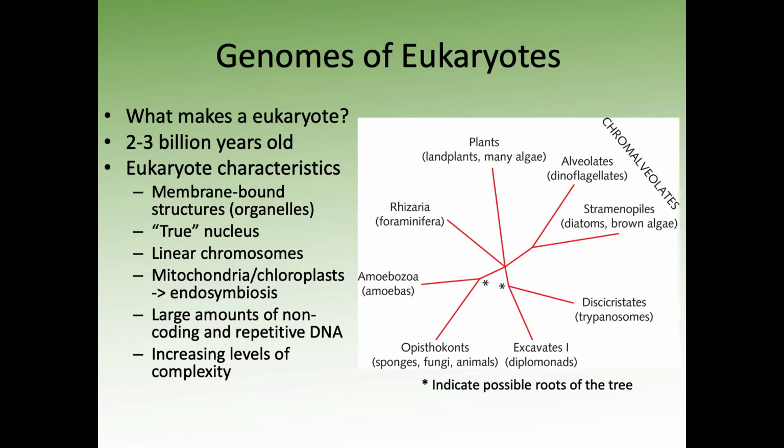We can see one at the base of the tree here with the branches of Amoebozoa and Opisthokonts headed out in one direction. Another one down here with diplomonads and trypanosomes as the other alternative base of this tree. So there are some different ways we can think about this.